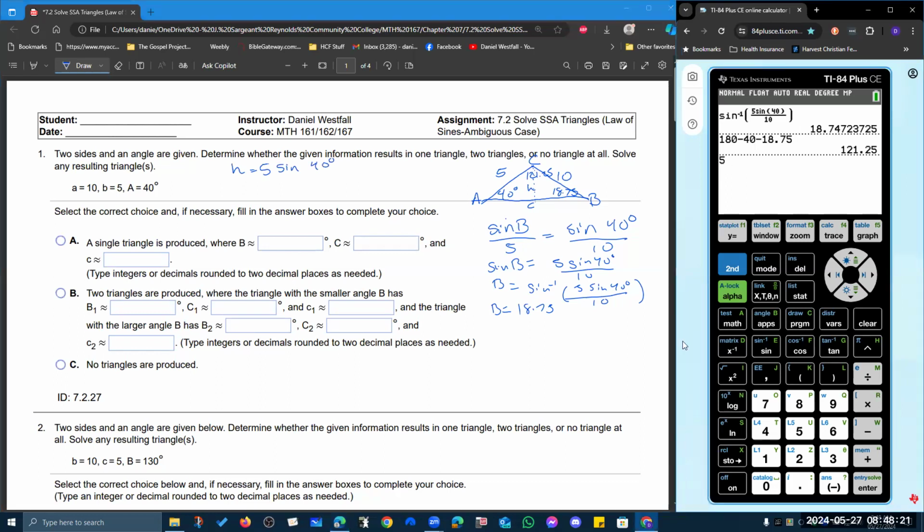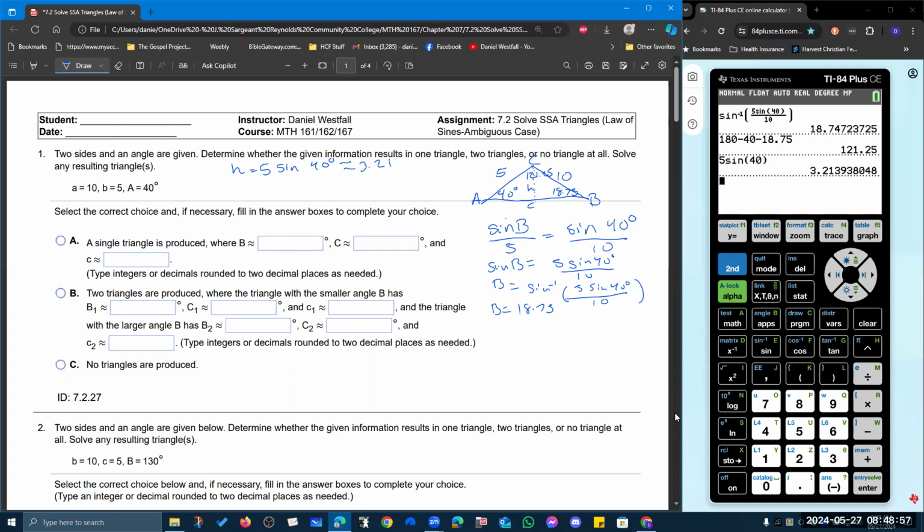So 5 sine of 40 is 3.21. Because this side over here that we found is bigger than the height and bigger than this other side here, there's only going to be one triangle.